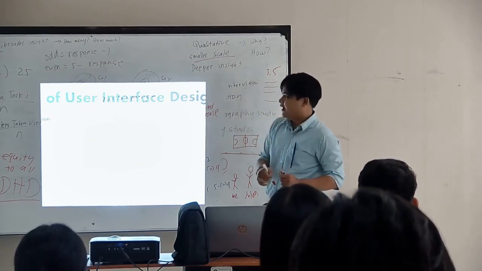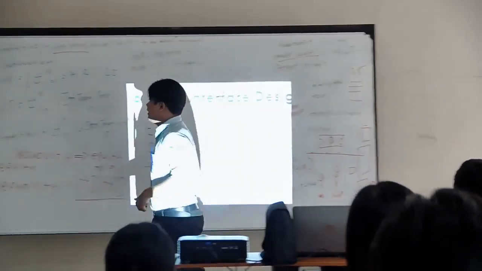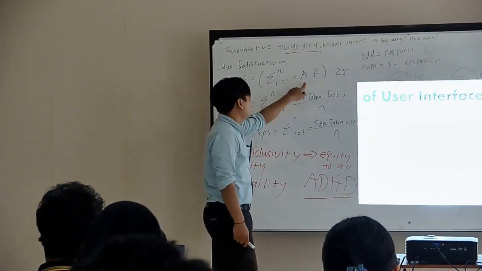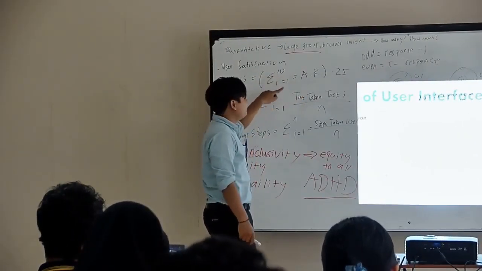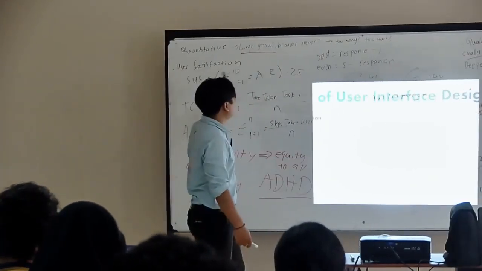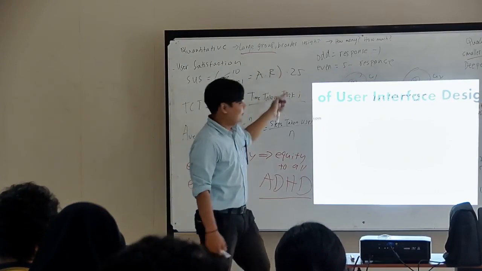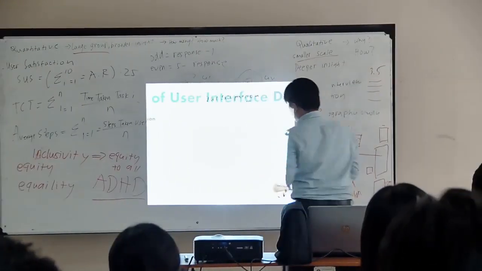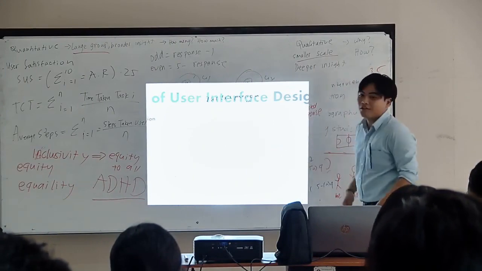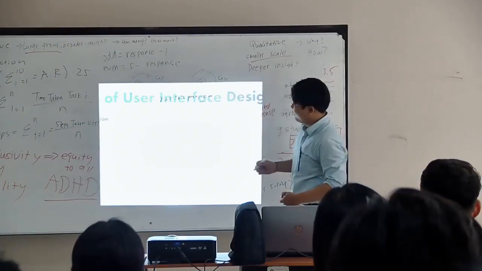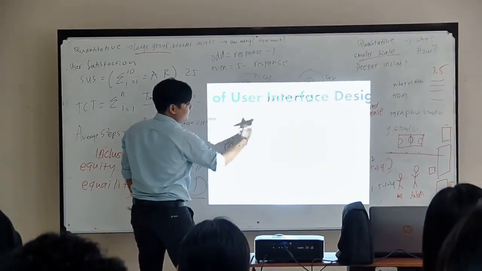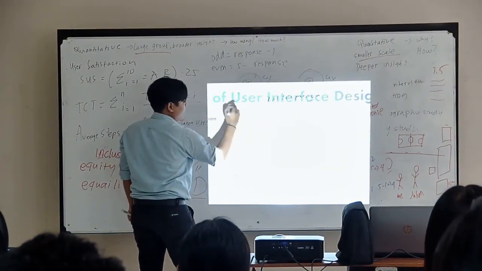The formula is, the total of the 10 questions, the total adjusted score from the 10 questions, times 2.5. What is the meaning of this? The meaning is we have to calculate the last score of each question. So number 1, what is the final score? 4.